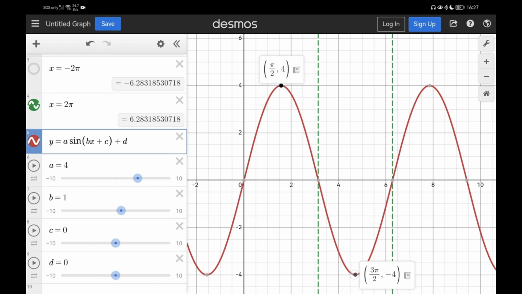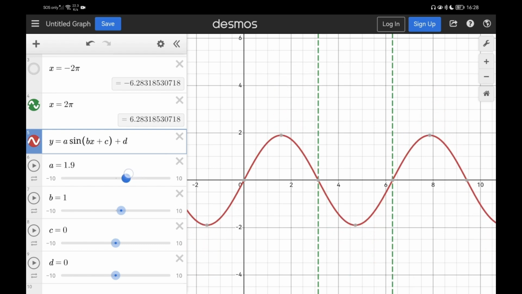The y coordinates of both turning points will become 4 times their original amplitudes. Okay, so let's change the a back to 1.